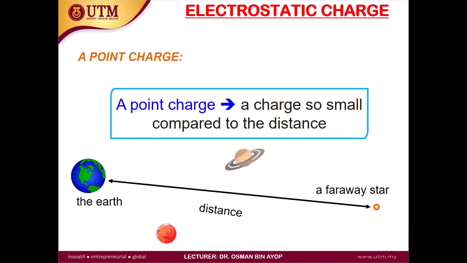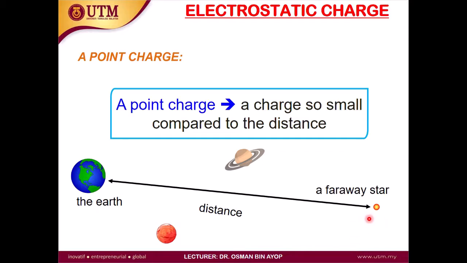First, a point charge. A point charge is a charge so small compared to the distance. For example, we have a faraway star. If you look towards the star, you can only see just a dot of light. So we can consider it as a point charge.